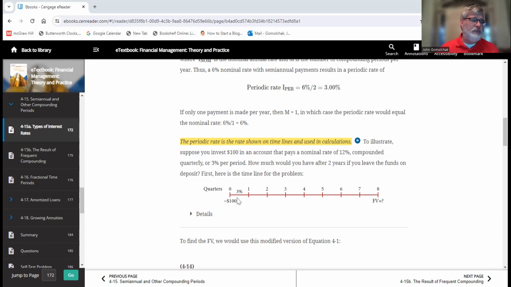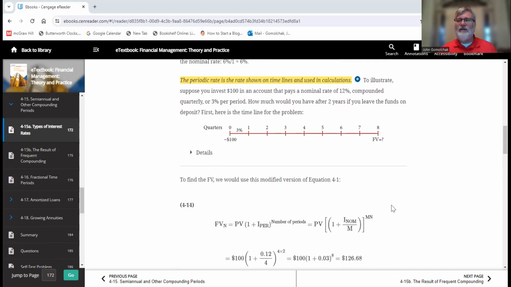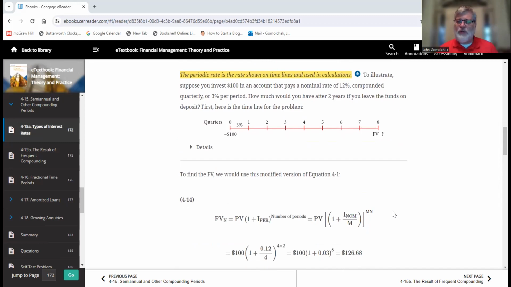So that's how you get the 3% rate here, which is your periodic rate. But now, over that 2-year period, we now have 8 periods. Okay, so over the 2 years, we're going to have 8 quarters. 1, 2, 3, 4. There's the end of the first year. 1, 2, 3, 4. There's the end of the second year. So we have to make these adjustments when we have compounding that's happening other than annual.